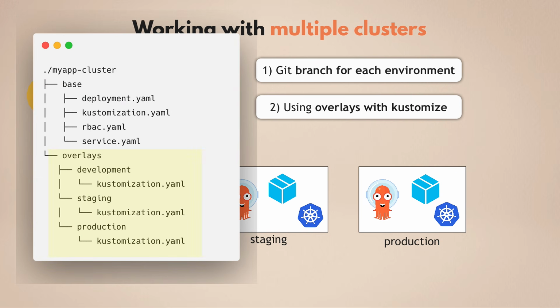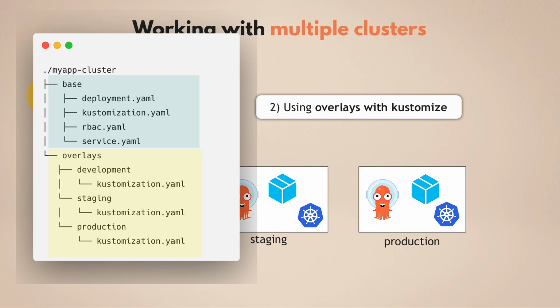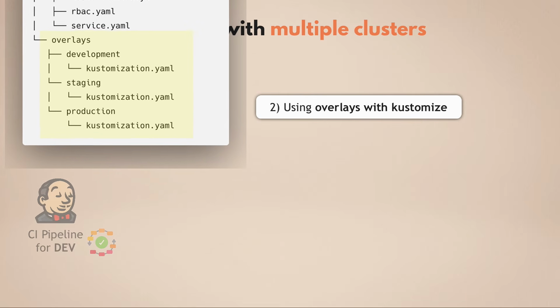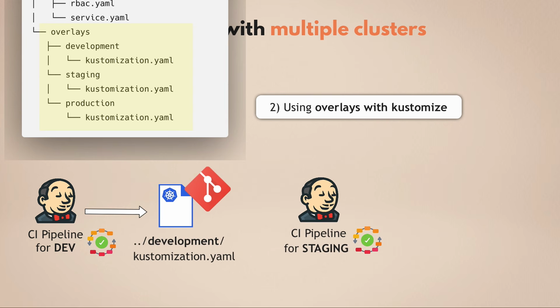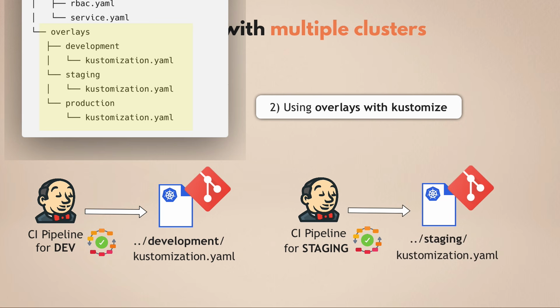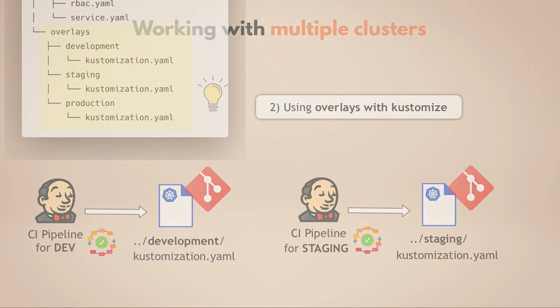With overlays, you can reuse the same base YAML files and then selectively change specific parts in them for different environments. So now the development CI pipeline can update the template in the development overlay, the staging CI pipeline can update the template in the staging overlay, and so on. Using these options, you can also automate and streamline applying changes to different environments.